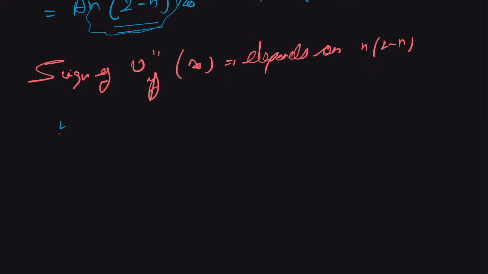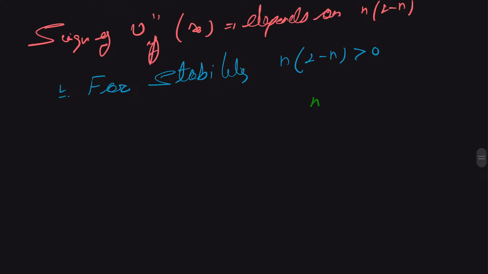So for stability, we need n (2 minus n) to be greater than 0, or from here we can write that n should be less than 2 but greater than 0. So this is our range of values of n for which the loops will be stable.